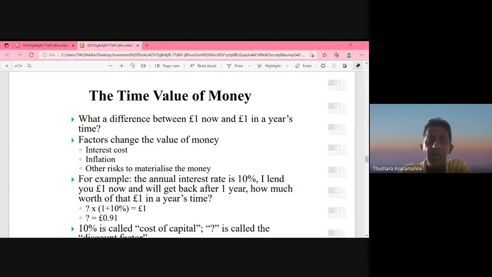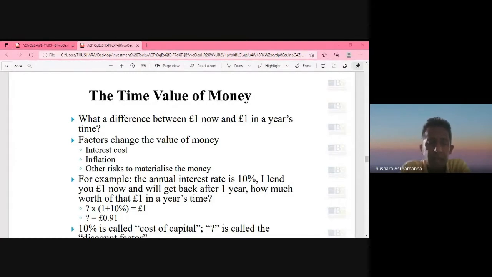So that's why we use these time value concepts, and based on that, we discount those cash flows. That's the word. Discount those cash flows based on a particular agreed rate to see what exactly the future value is in today's terms. That is what the time value computation is.